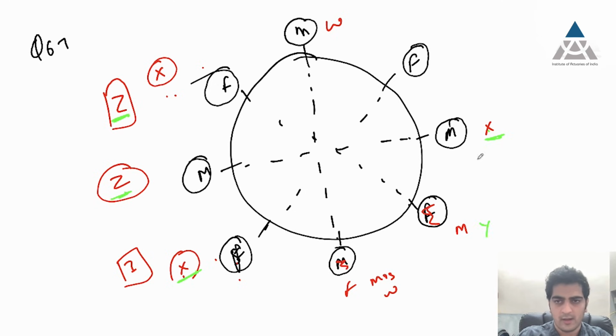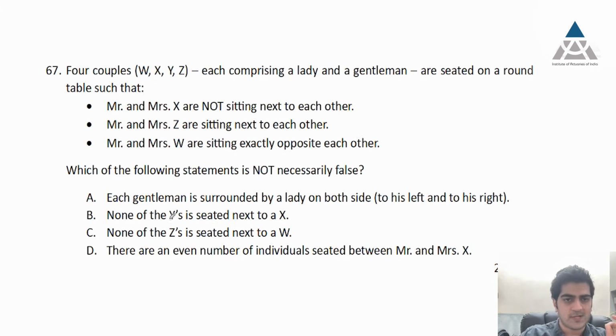Y would be here and here, and they are definitely next to an X. Even if you take the other option, that is, you can put X here, Z's here, something like that, again you will see that Y will definitely be next to an X. So option B is also definitely false.